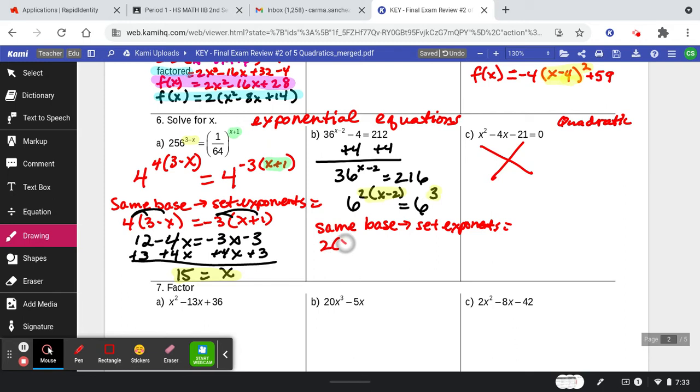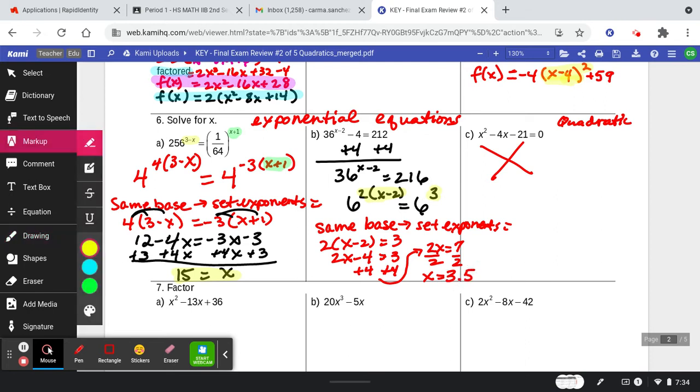And so we write 2 quantity x minus 2 equal to 3. We distribute to x minus 4 plus 4. We get 2x equals 7. And so x equals 3.5 or 7 halves, however you want to write it. How'd you do?